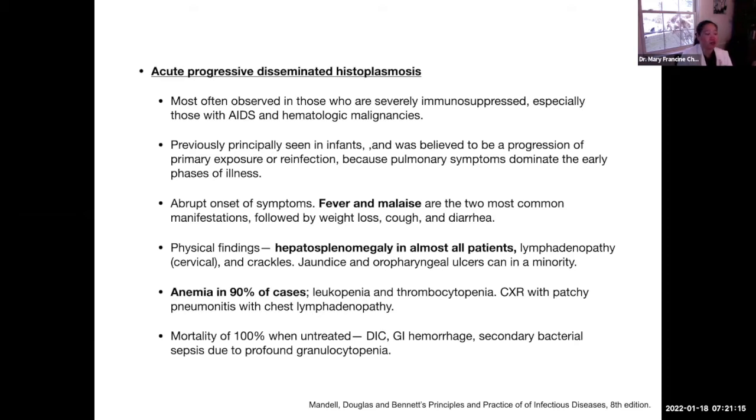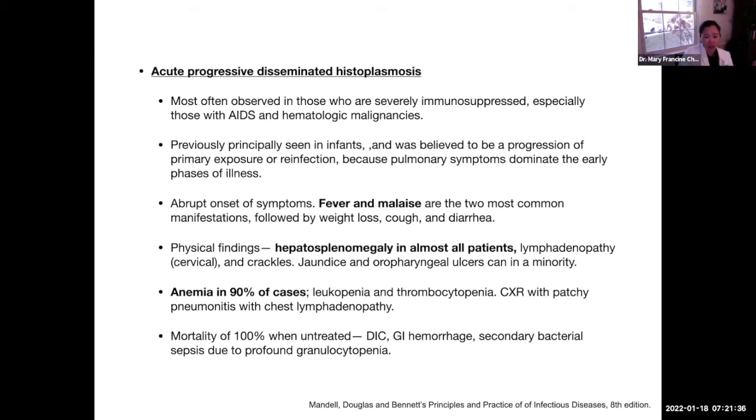So that's why sometimes there was a moniker for it that they called it the infantile form of progressive disseminated histoplasmosis. And at that time, it was believed to be a progression of primary exposure or reinfection because pulmonary symptoms dominated early in the phase of illness.